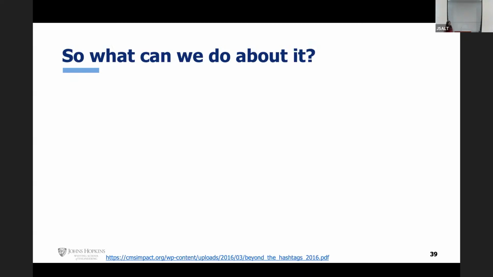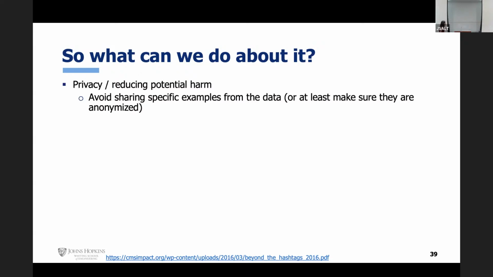Is working on more hairy topics like this an argument against open sourcing models and other similar research? Yeah, I have that on a slide. Let me jump ahead to that.